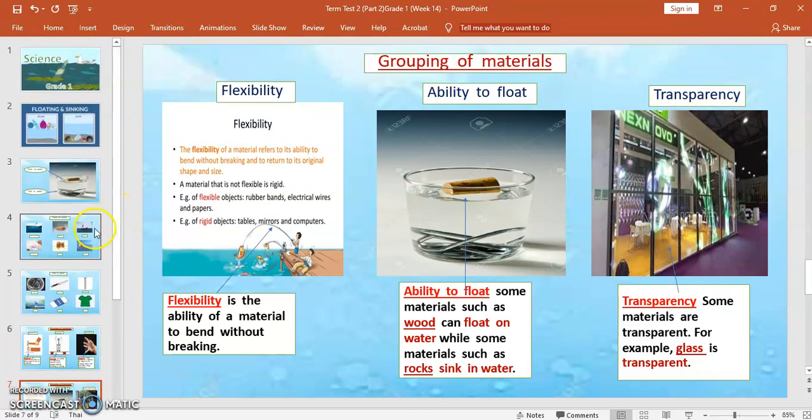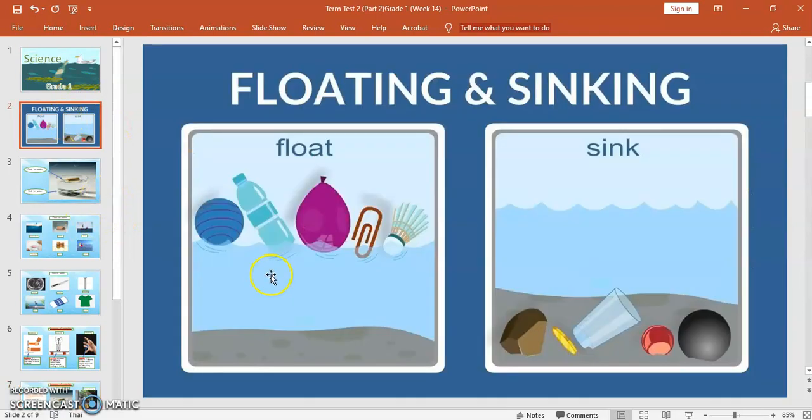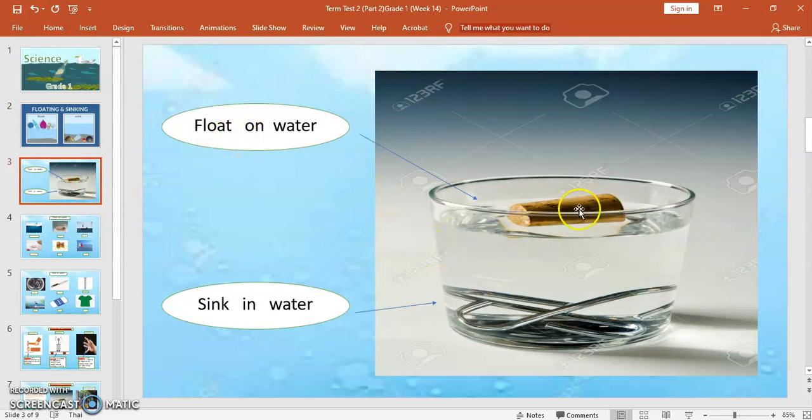So again, float on water and sink in water. This object is float on water, and this object is sink in water.